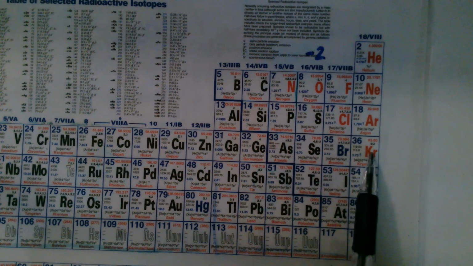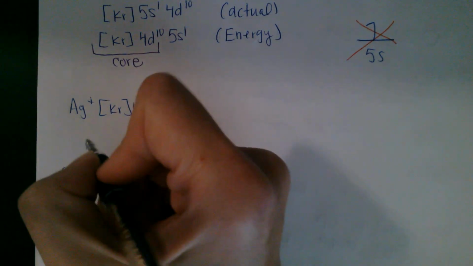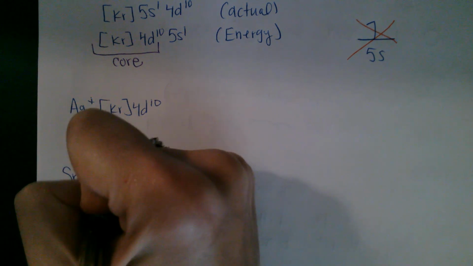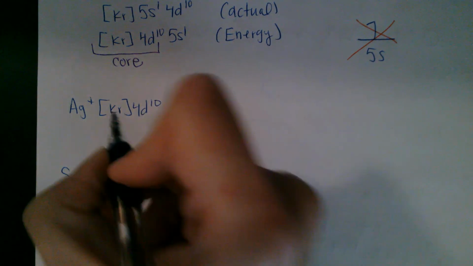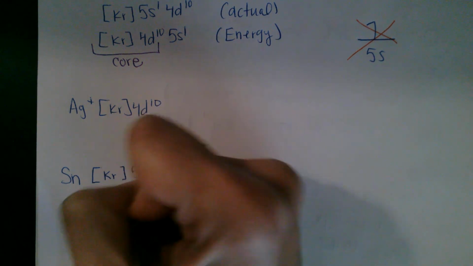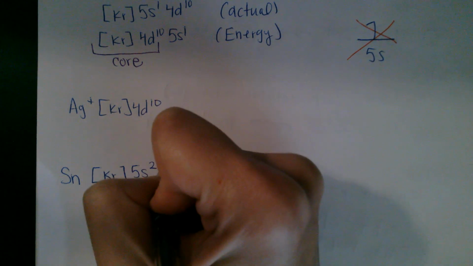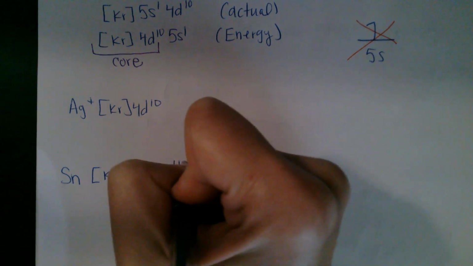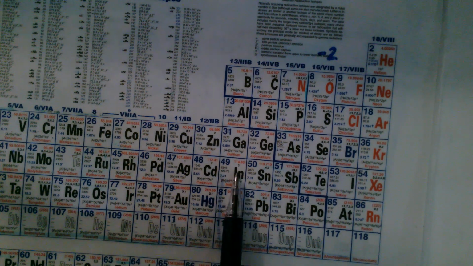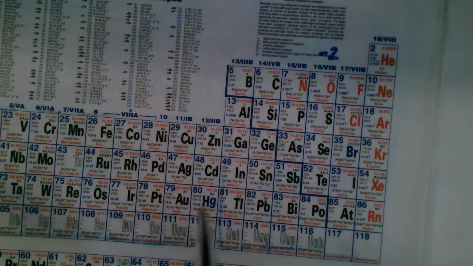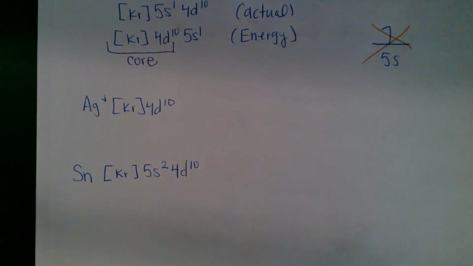Okay, so our previous noble gas is krypton. So we have krypton, then we have 5s2, then we have 4d10. Okay, so that brings us here, and then we have 1, 2 to get to 10 here, so we have 5p2.